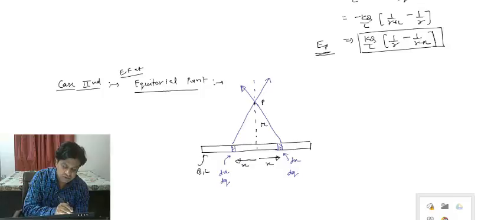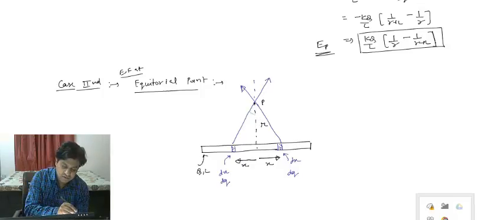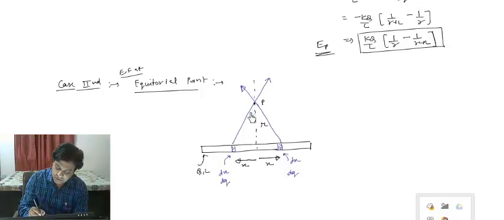Suppose this angle is theta, this will also be theta. This is a very small electric field dE, and this is again a very small electric field dE. So what I need to do is take components of these dE.